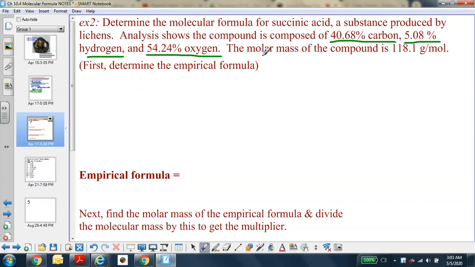The molar mass of the compound is 118.1 grams per mole. So that's my molar mass of my compound that I am interested in figuring out the molecular formula for.